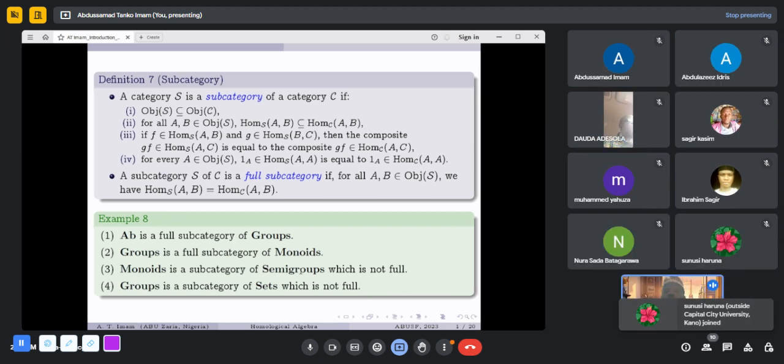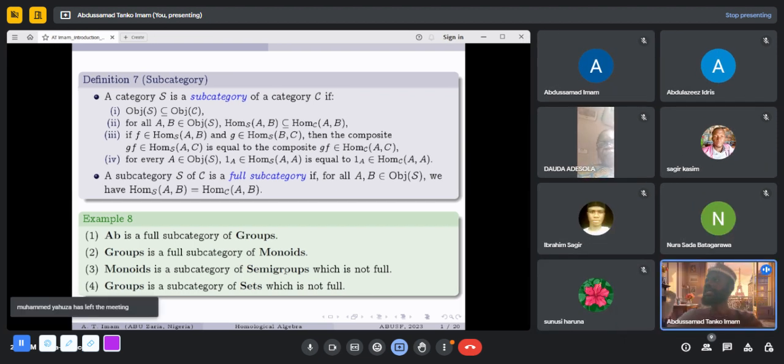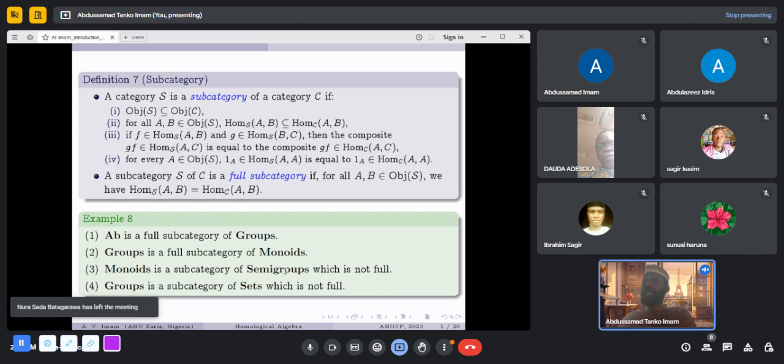Now, if you are treating two monoids as semigroups and you define a semigroup homomorphism, you do not require that the identity must be mapped to itself. But in defining a monoid homomorphism, you require that the identity must be mapped. So not every semigroup homomorphism is a monoid homomorphism. And so therefore, monoid is not a full subcategory, because there are homomorphisms between two monoids here that are not homomorphisms inside this category here. So this is not a full subcategory.